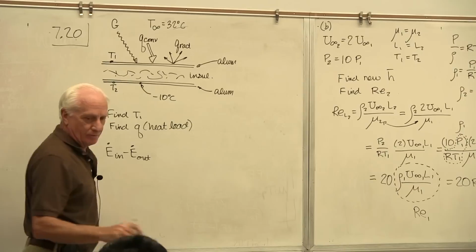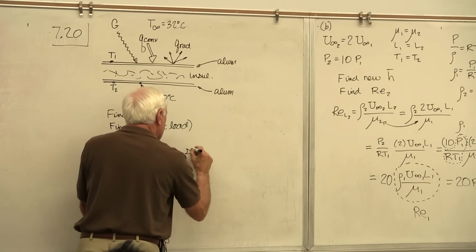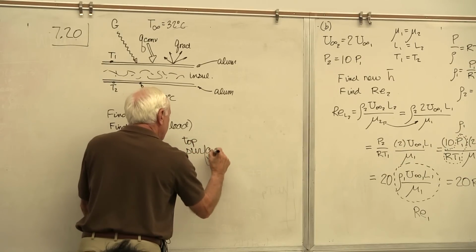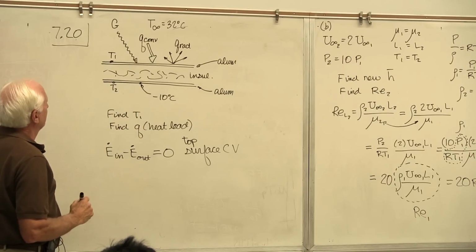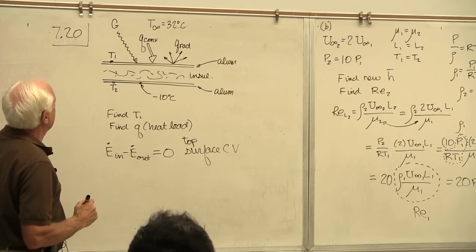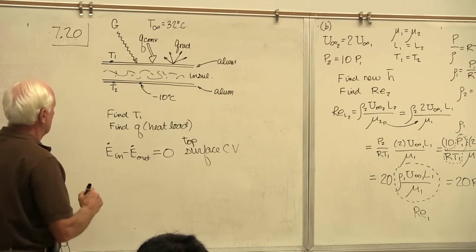Okay, get rid of those two terms. Chapter 1, a surface control volume looks like that. It's a top surface control volume. Okay, let's see, the top surface, what comes in? Irradiation G and the convection. How much of G is absorbed by the top surface?